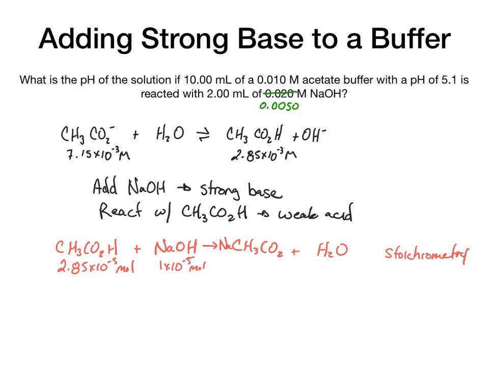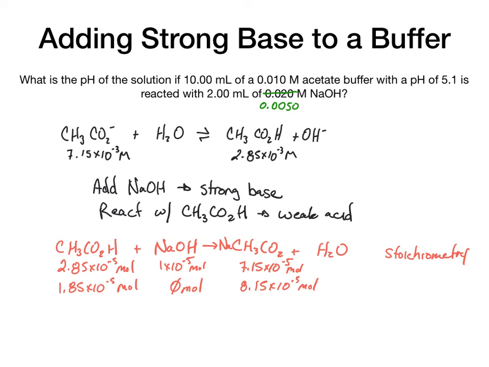And I'm starting with 7.15 times 10 to the minus 5 moles of sodium acetate. The NaOH is my limiting reagent. And so that leaves me with 1.85 times 10 to the minus 5 moles of acetic acid and 8.15 times 10 to the minus 5 moles of sodium acetate.